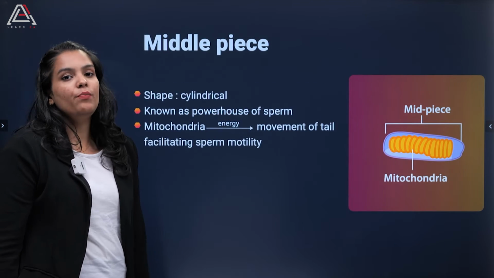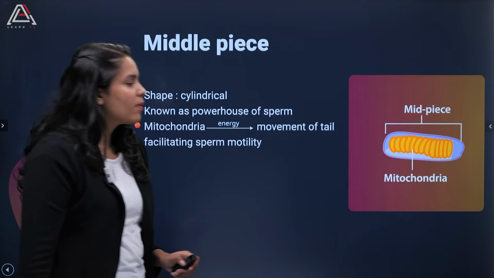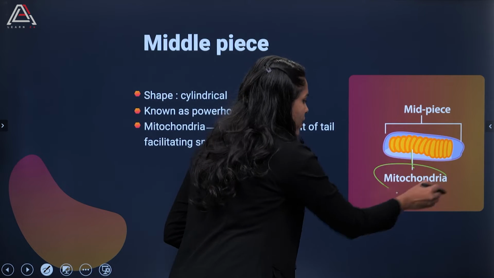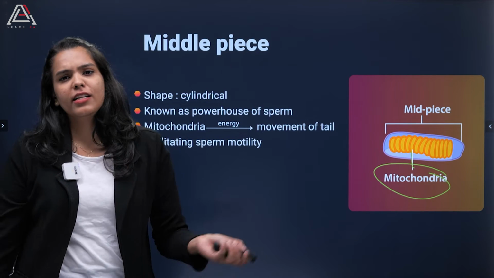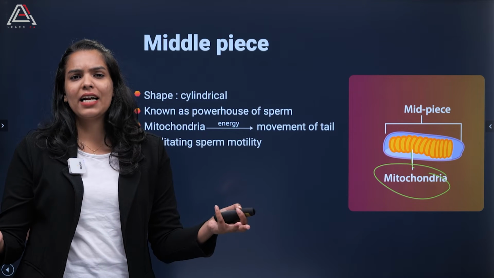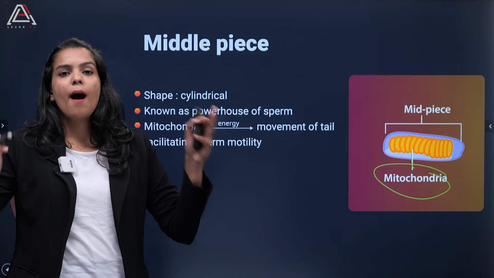The middle piece of the sperm consists of mitochondria. You have learned in lower standards what mitochondria is used for.